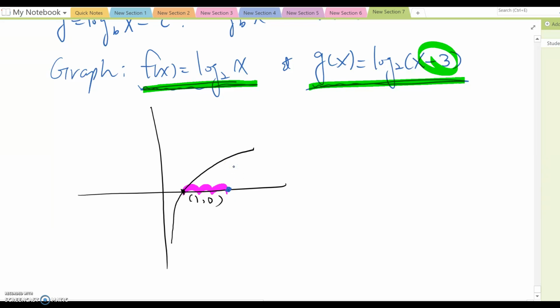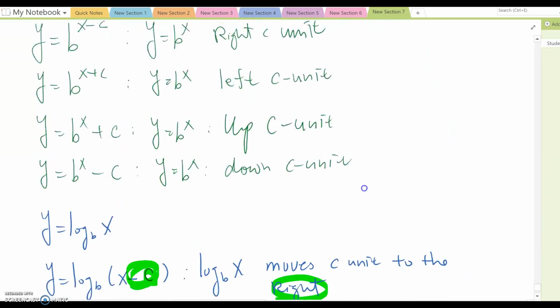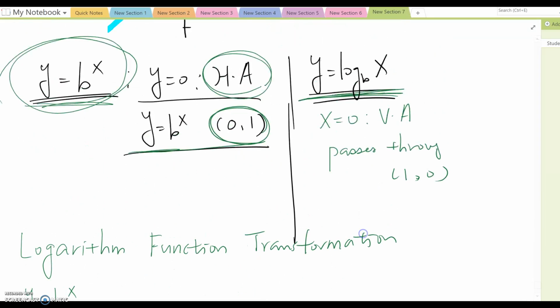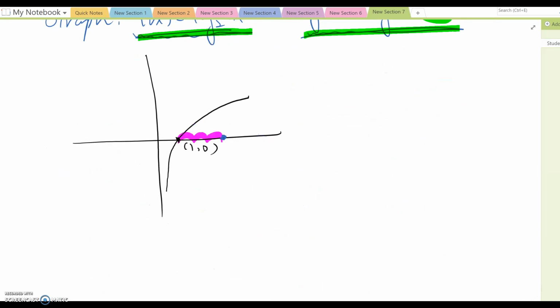Okay, but before drawing this graph, you must be careful because the logarithm function has a vertical asymptote here, right? So before, this line was the vertical asymptote.